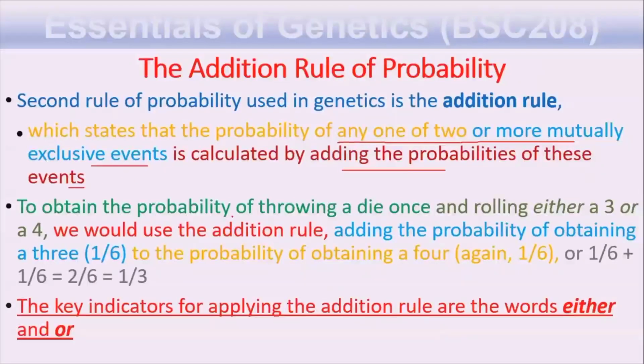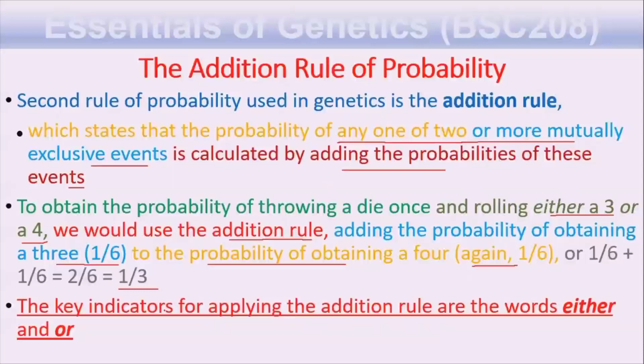So to obtain the probability of throwing a die once and rolling either a 3 or a 4, so now it is totally different situation. So we would use the addition rule of probability. So adding the probability of obtaining 3 is 1 by 6, to the probability of obtaining a 4 again is 1 by 6. So 1 by 6 plus 1 by 6 is equal to 1 by 3.